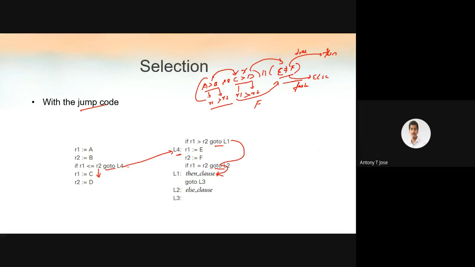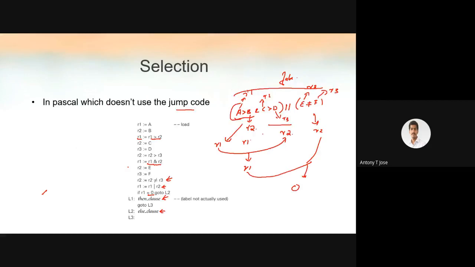For selection, there are two parts. The first one is which is not using jump code, that means it will be using fewer go-to statements. Go-to statements will be used only at the end. Actually, the label is not written here, that means there are no go-to statements, but to make you understand, it is shown.